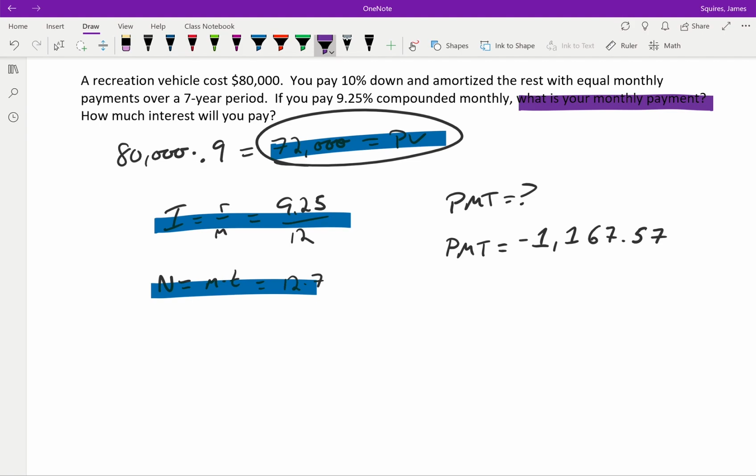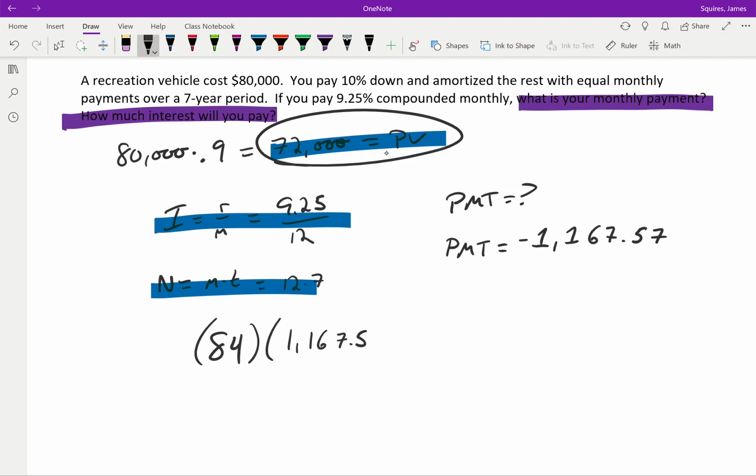So what will our monthly payments be? But we also want to know how much interest we paid. Well, note 12 times 7, we have 84 payments of $1,167.57, which equals $98,075.88.